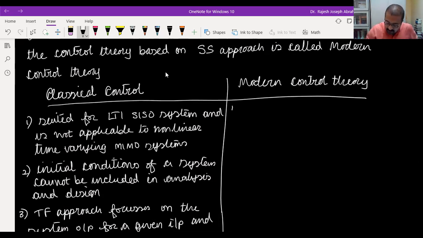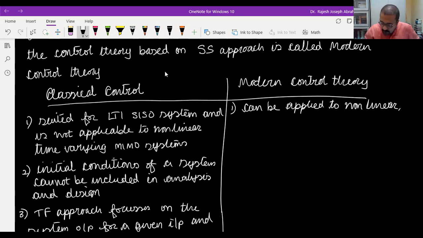Now let us see the advantages of modern control. It can be applied to non-linear, time varying MIMO systems.